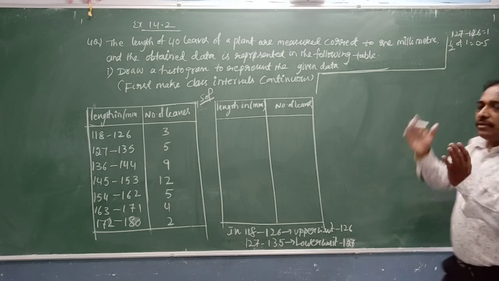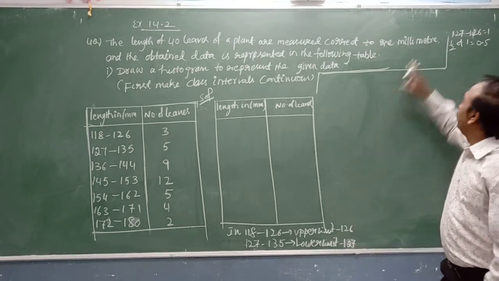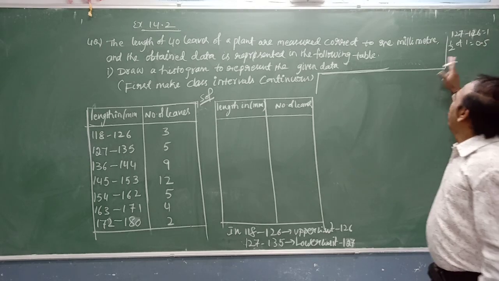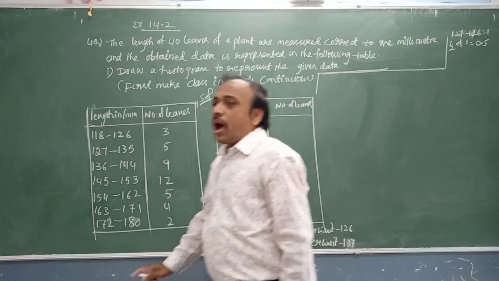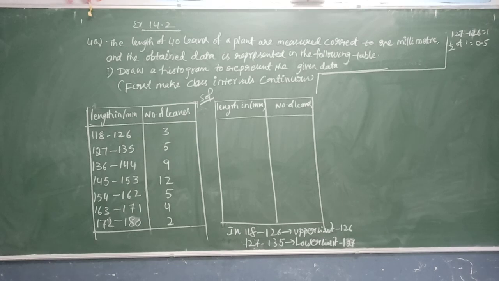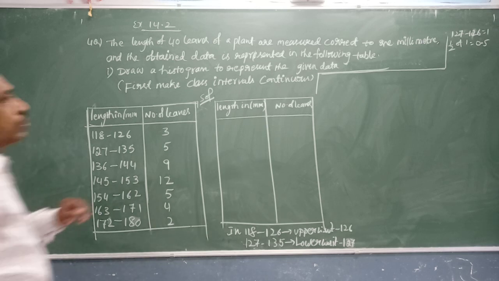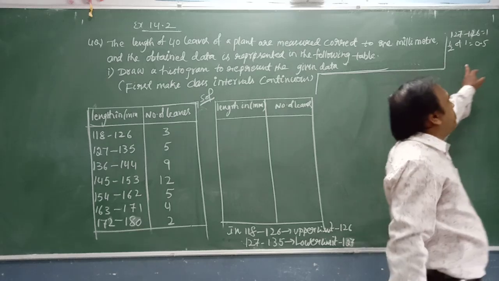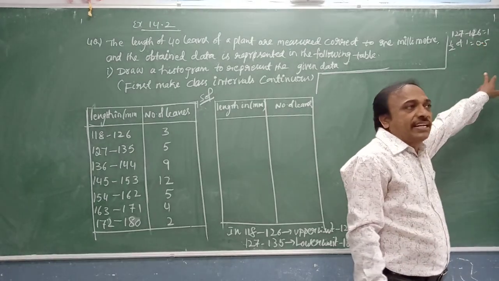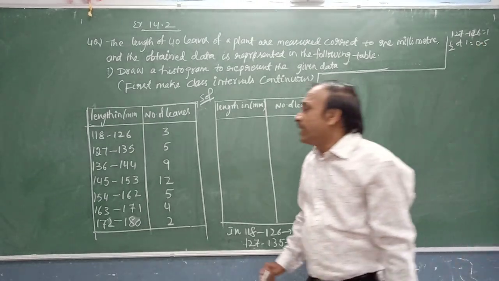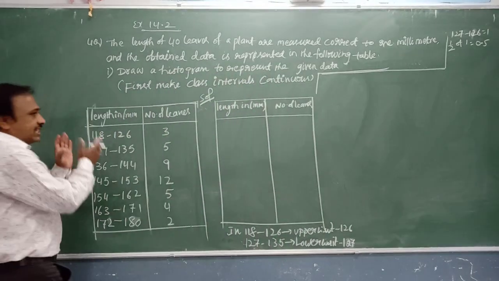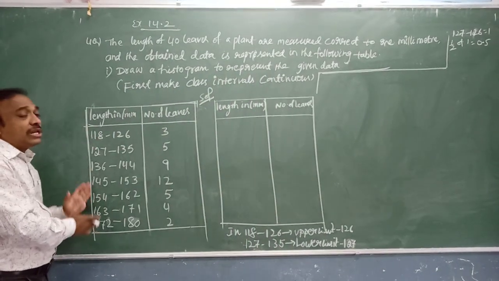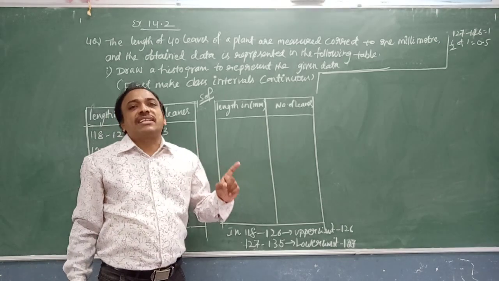So the difference you are calculating, 127 minus 126, equals 1, and half of 1 equals 0.5. This 0.5 must be added to all upper limits and 0.5 must be subtracted from all lower limits to get continuous class intervals.